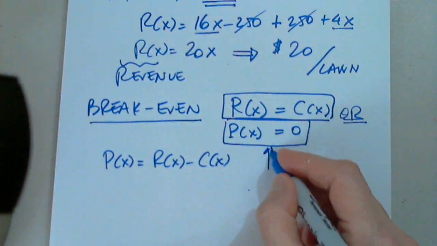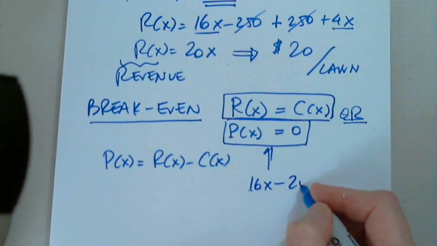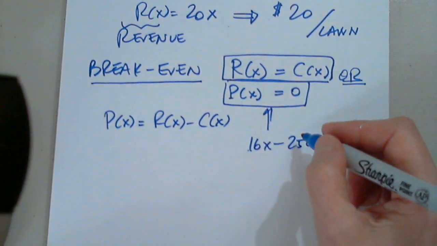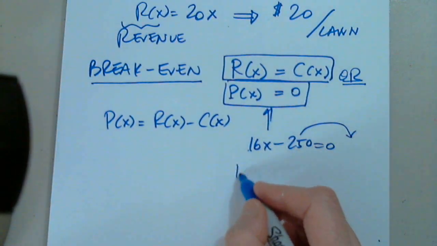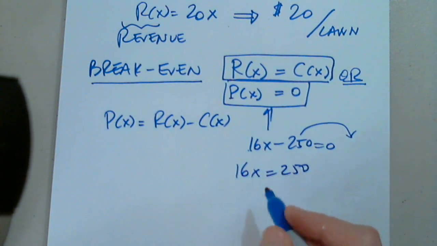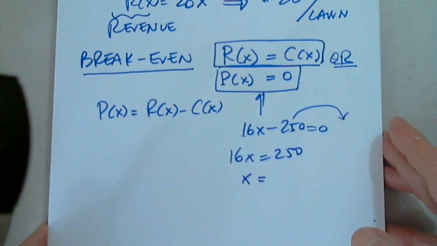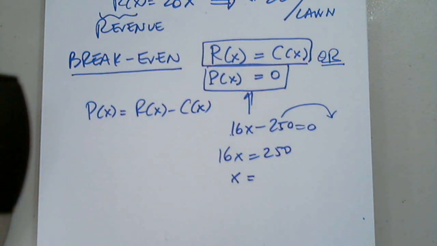If I use this equation, I have 16x minus 250 equals 0. Negative goes to the other side, positive. And X, how do I get the number of X? Number of lawns he needs to work on to pass the zero profit.